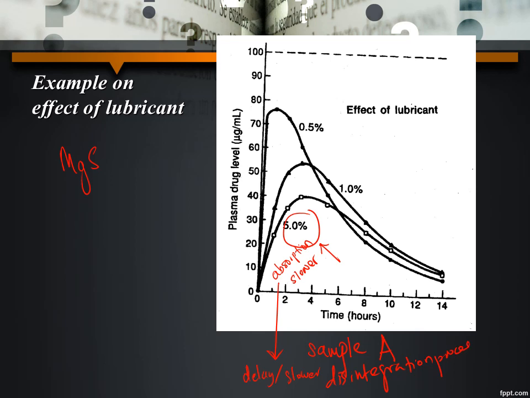And when you have a lower percentage of magnesium stearate, of course, you will expect to have the higher plasma concentration.